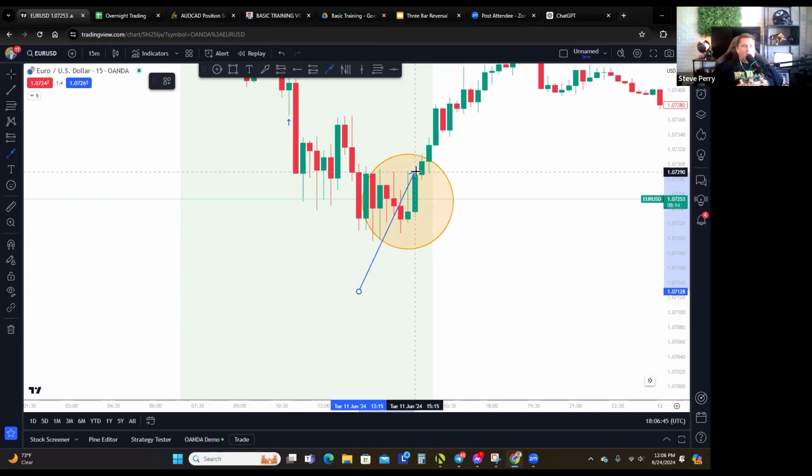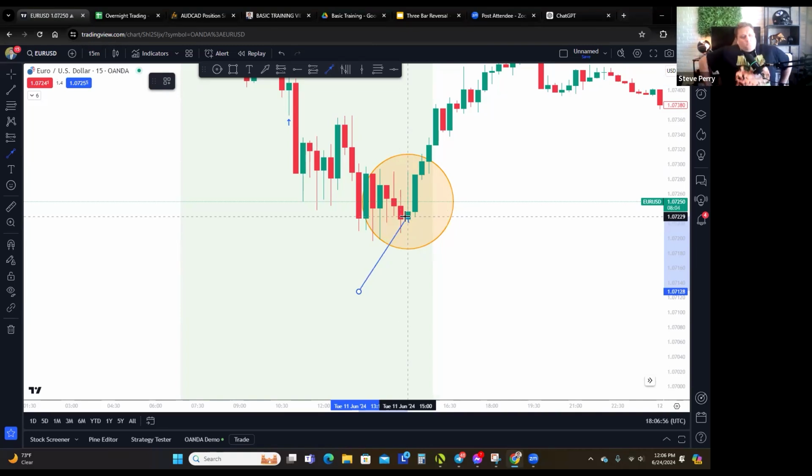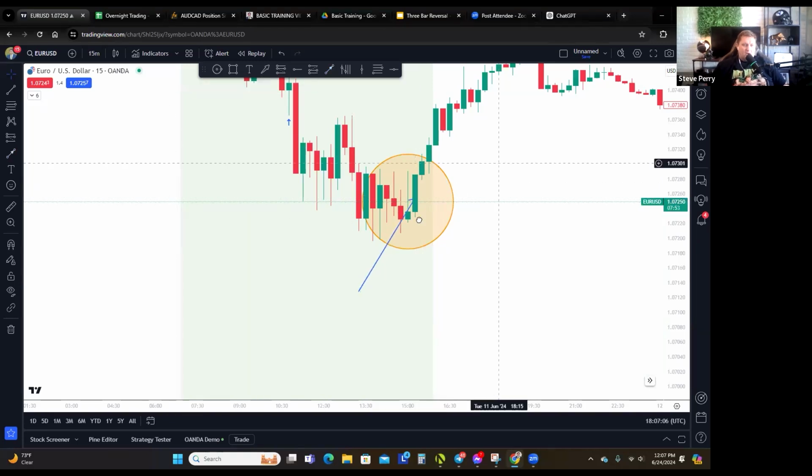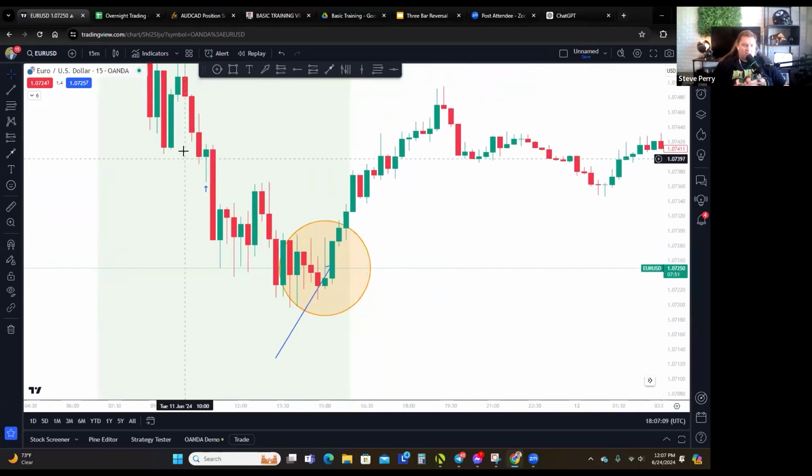That's one of the requirements: the candle closes above the high, or not the high, but the body of the first candle, first bar, which is what we have right there. So, definitely looking pretty bullish right there. And then obviously the market just kind of continued on after that.